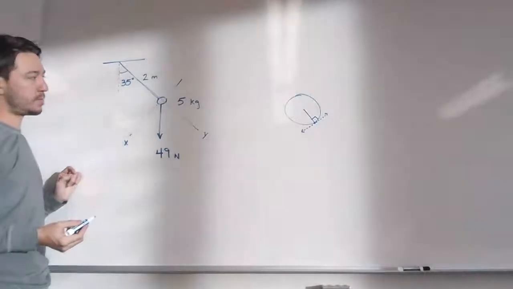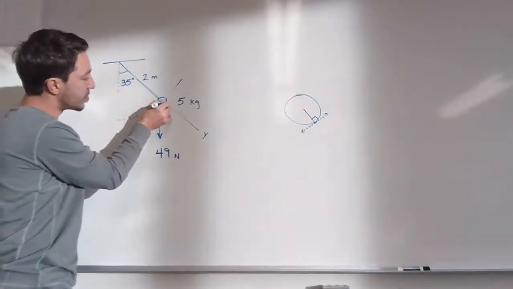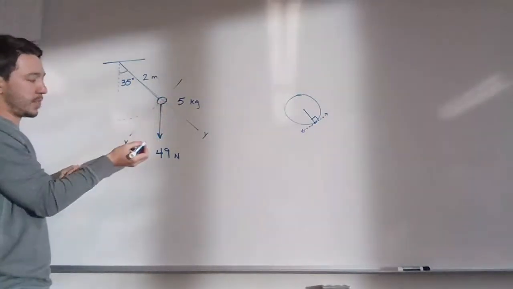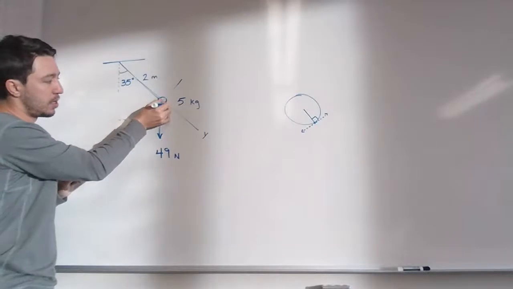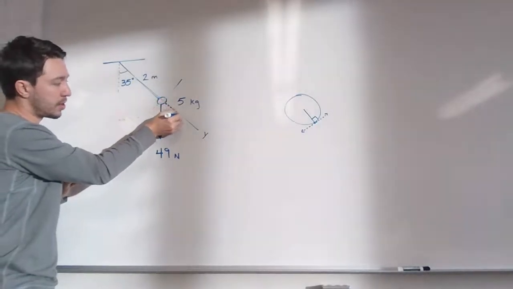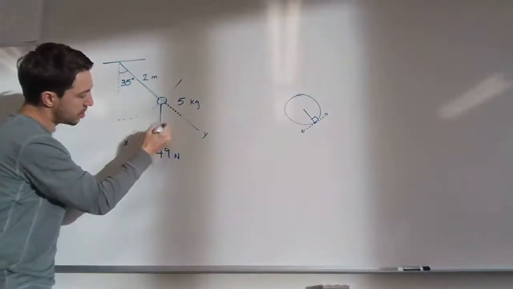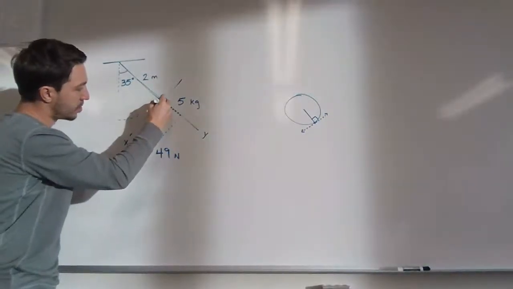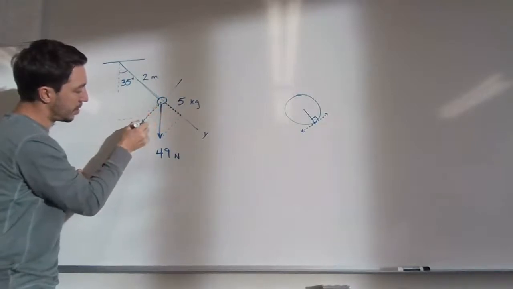That makes sense to everyone? Okay, now, what does that do for us? Well, that raises the question, what are the components of my gravity along this direction and along this direction? Do you feel okay about that?